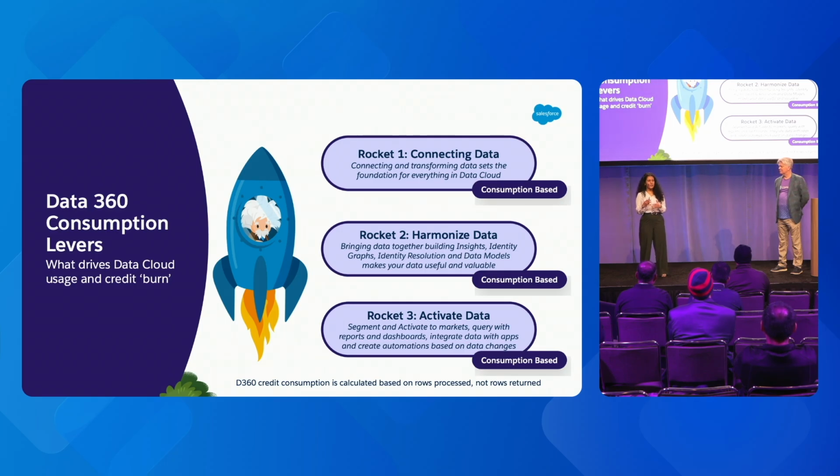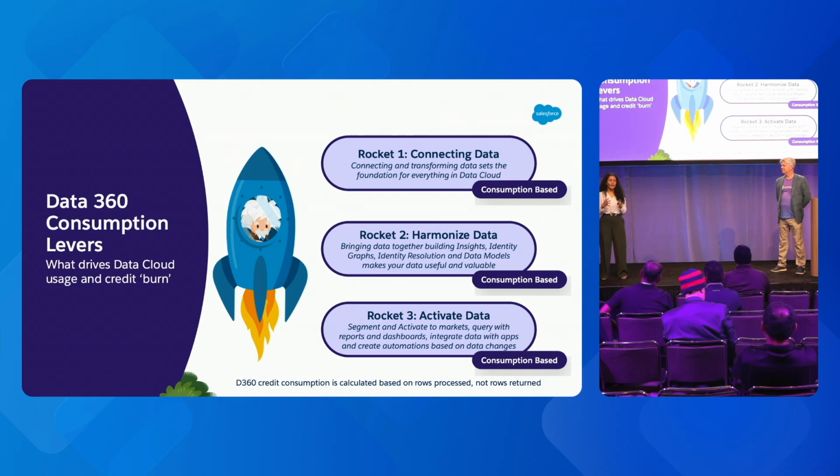So in order to get started, you need to know the processes and the flows that you are building. For example, we have 3 phases. First, you connect data, which means you are ingesting data from different sources. How often are you ingesting this data, copying the data into the system, or sending it out? Secondly, how often are you harmonizing the data? How complex are your transformations?